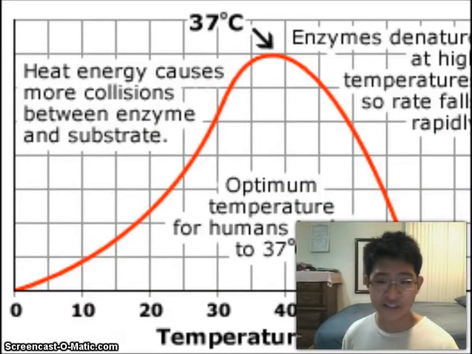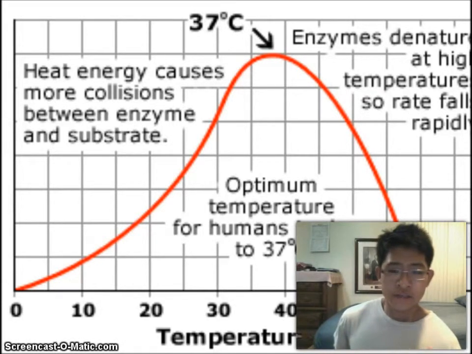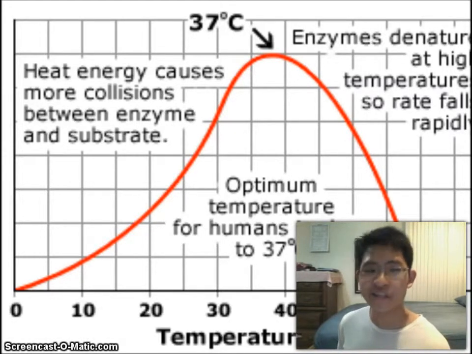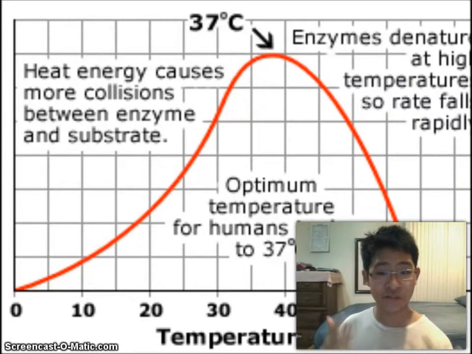So another factor that would help in the reaction is temperature. The optimal temperature would be 37 Celsius because that is our body temperature, and since enzymes are in our body, that's a good thing. Now, as you can see here, the higher the heat, the more movement you'll get from the substrate in order to hit your enzyme.